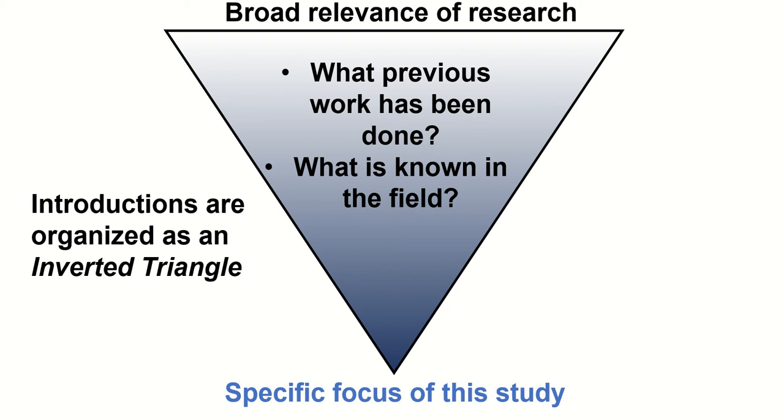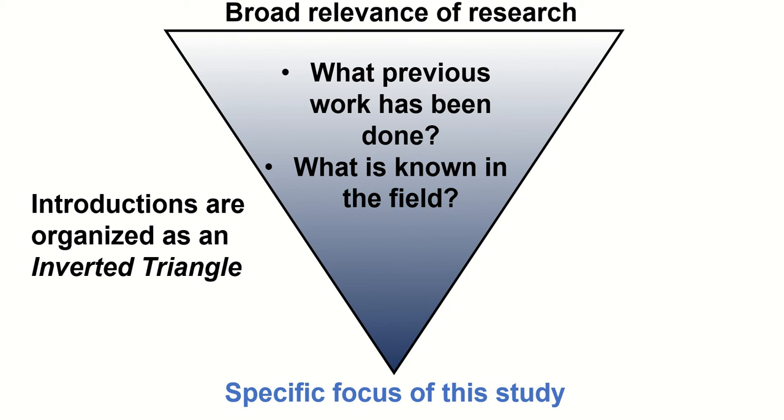What may also be discussed is if there are conflicting studies, for instance, if there are two studies that say opposite things, then they may discuss that. Another thing that might be discussed is gaps in the field. Typically the authors will highlight these gaps because the purpose of the study is to address these knowledge gaps in the field.